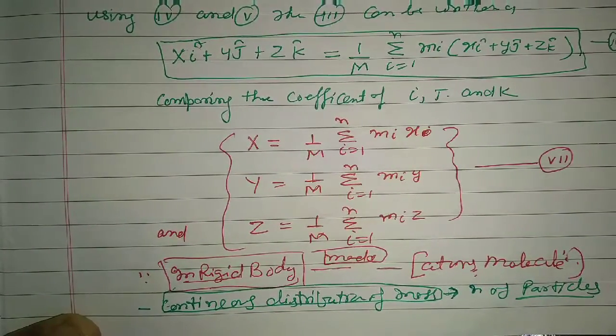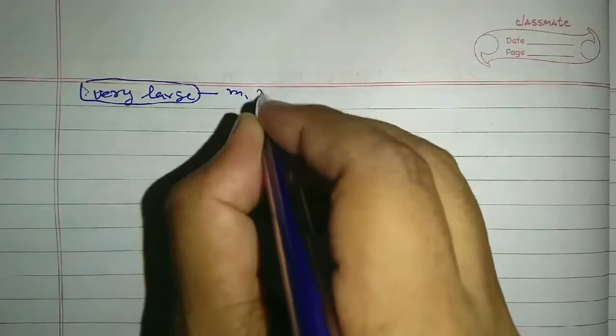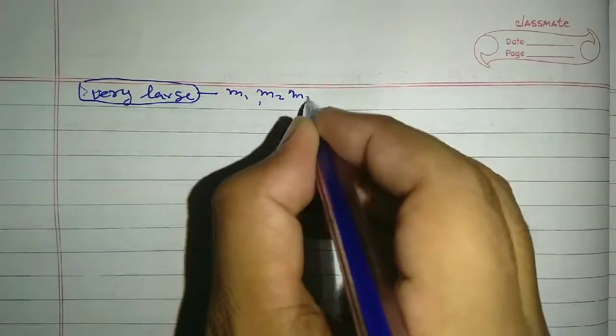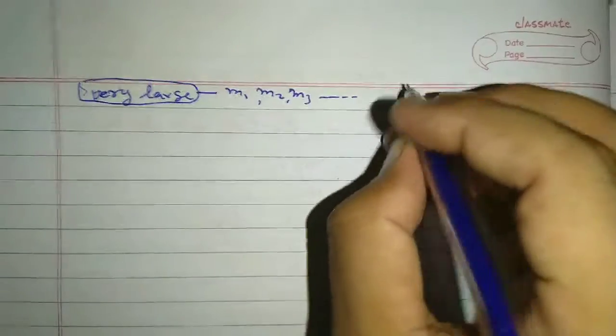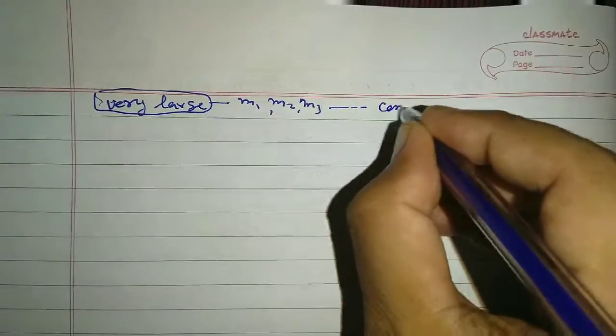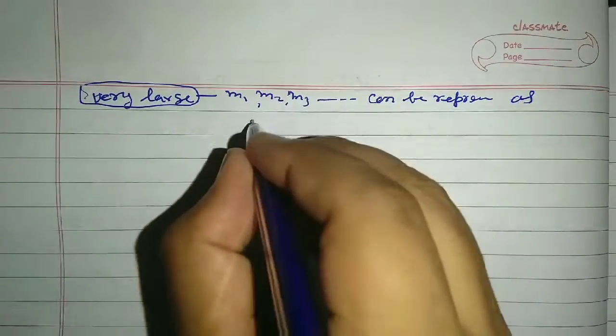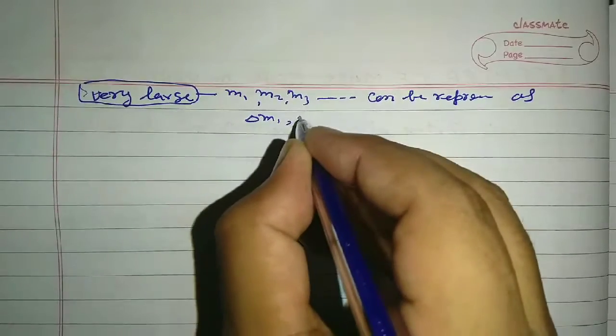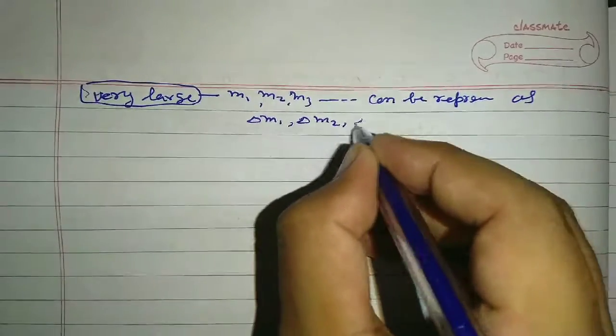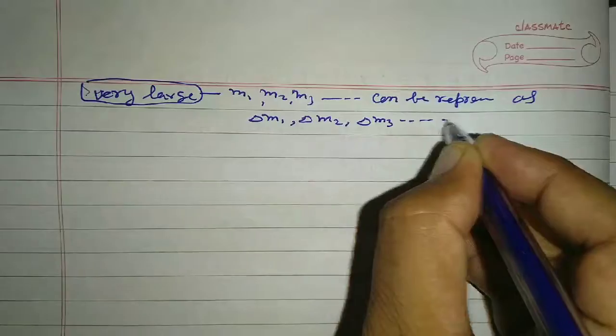Since the number of particles is very large and the mass distribution is continuous, m1, m2, m3 and so on can be represented as delta m1, delta m2, delta m3, and so on.